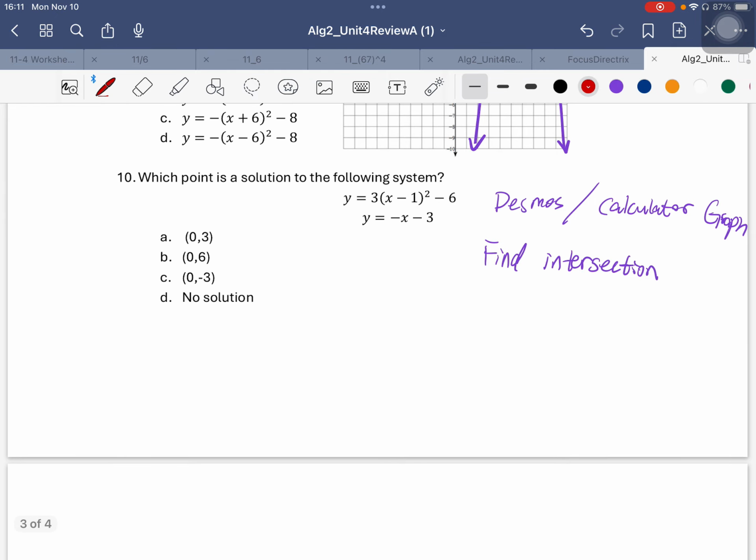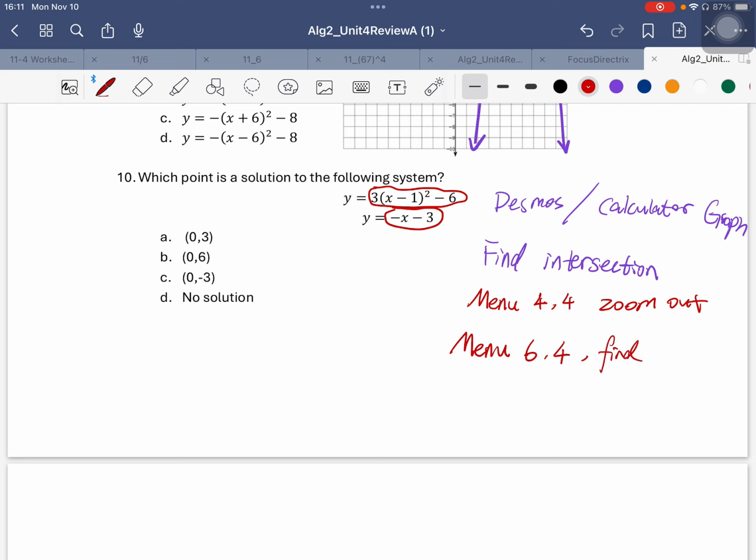Question 9. Which point is a solution to the following system? You're using your Desmos calculator to find a graph, and you type what's after the equal sign into the graph, then type the second one. If the graph is too small, you may use menu 4 to zoom out, then menu 6 for find intersection.